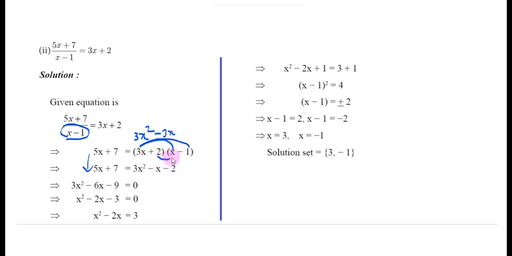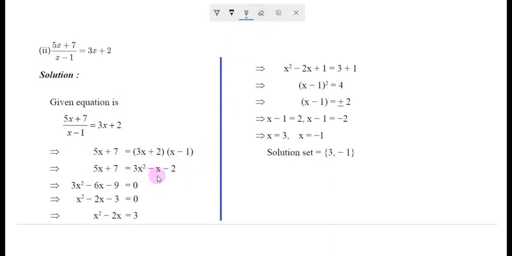Next 2x, so plus 2x, and 2x with minus 1, this is minus 2. So next step will be 3x square, 2x minus 3x, this is minus x, you know. So minus x minus 2. So that we get the next step 3x square minus x minus 2. Understood?